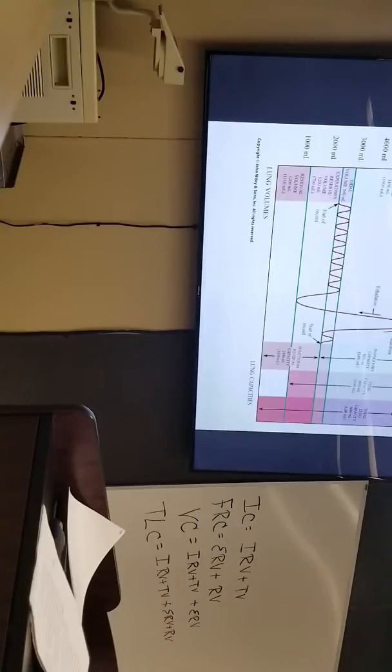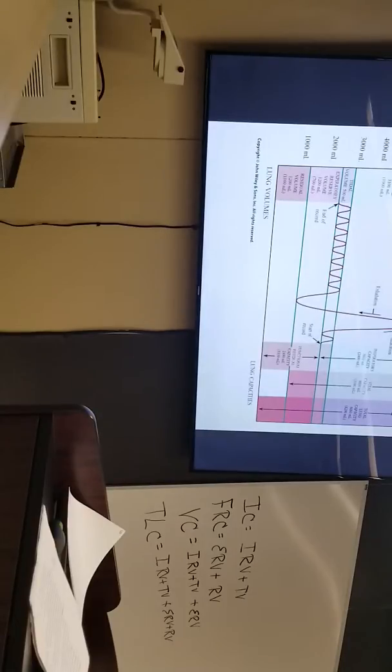Vital capacity: how well did your lungs take in air and let out air? It adds your inspiratory reserve volume, your tidal volume, and your expiratory reserve volume.